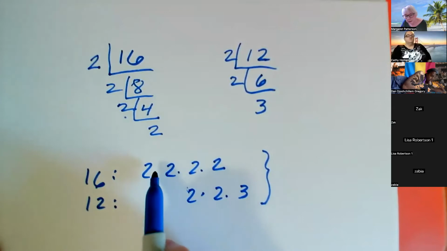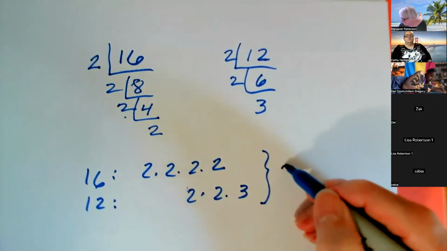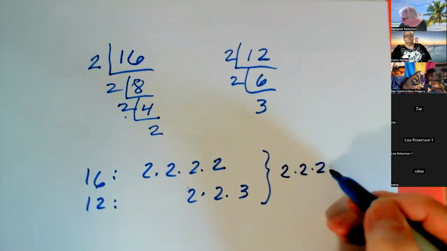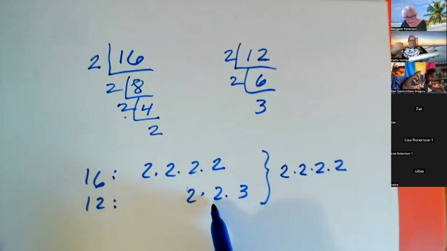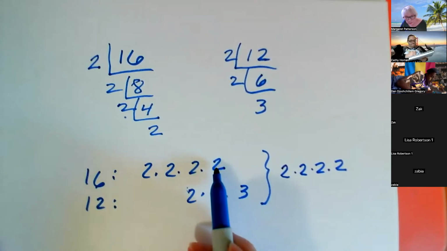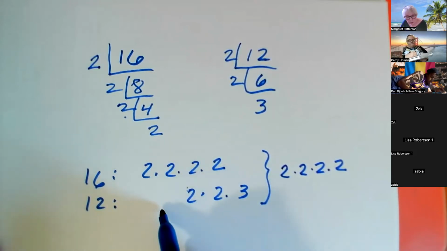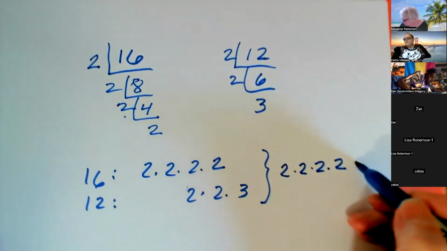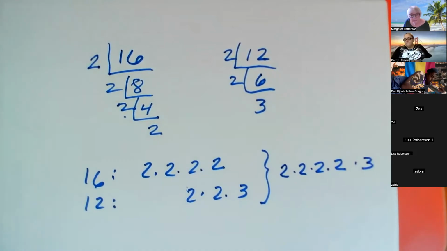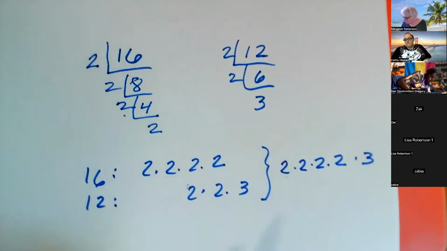To cover this one, I need 2, 2, 2, 2. I need 4 of them. I need the most 2s in either line. This is the winner, and so I take 4 of them. As far as 3s are concerned, I only have 1 down here, but I have to take it.